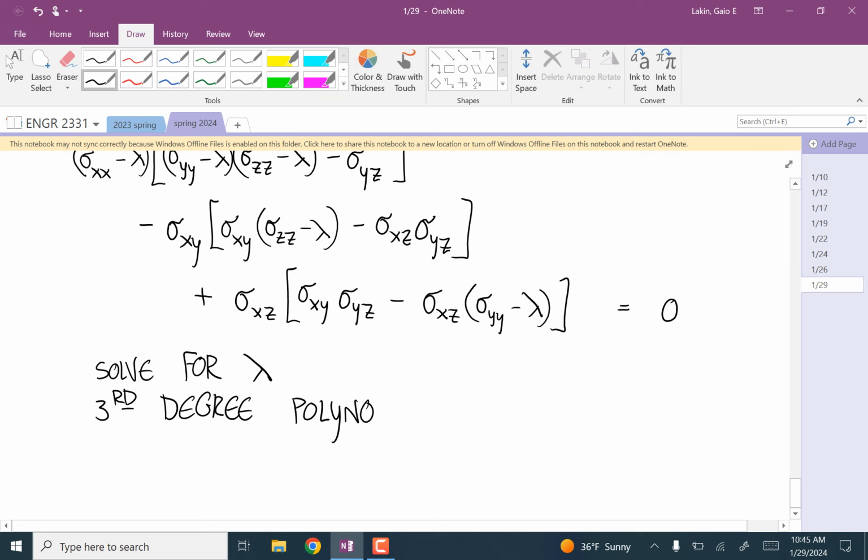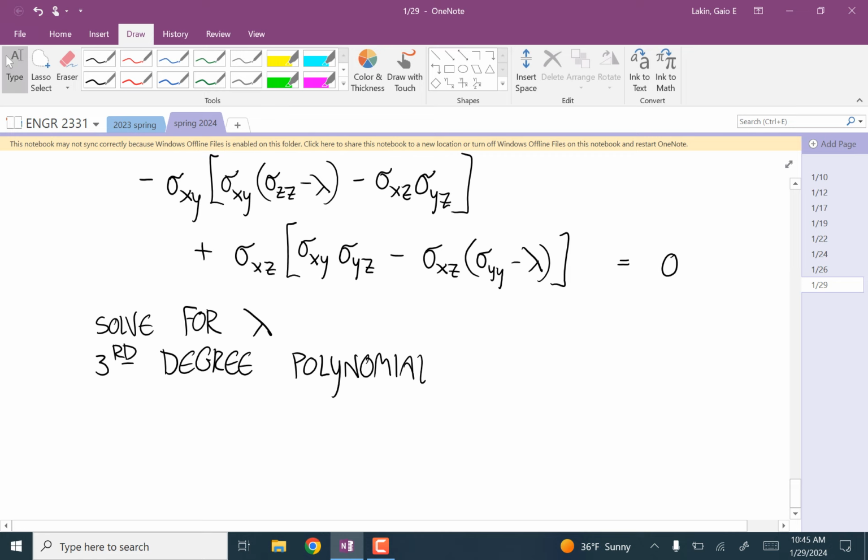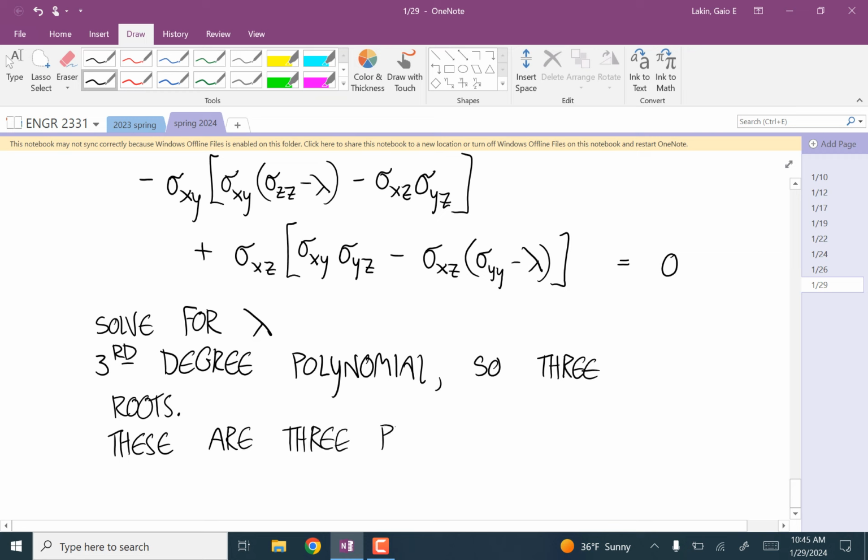Sometimes it's like 0, negative, and positive or something like that. So there are 3 roots, and these are the 3 principal stresses. Whoa, that's so cool.